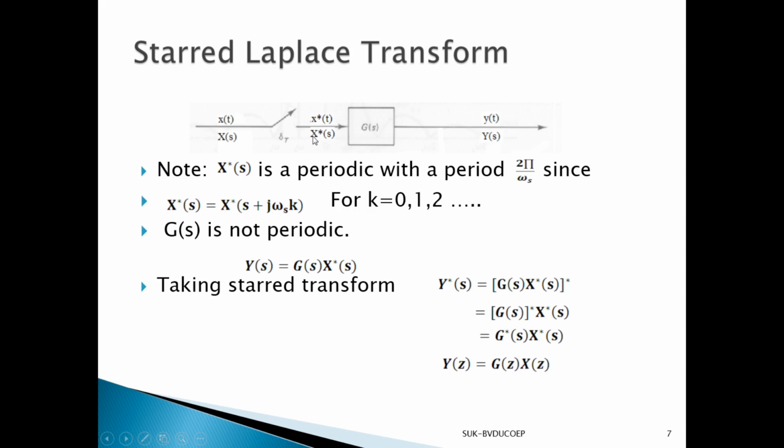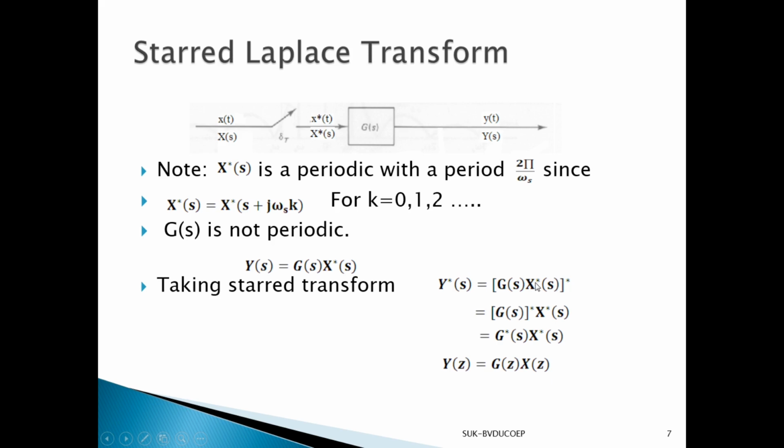So this signal is a periodic signal because this is sampled at a certain period. Therefore this signal is periodic, and this signal is not periodic. This G(s) is not periodic. So I am doing a multiplication of G(s) into X star(s), and making a star transform, I will do the star of the complete multiplication.